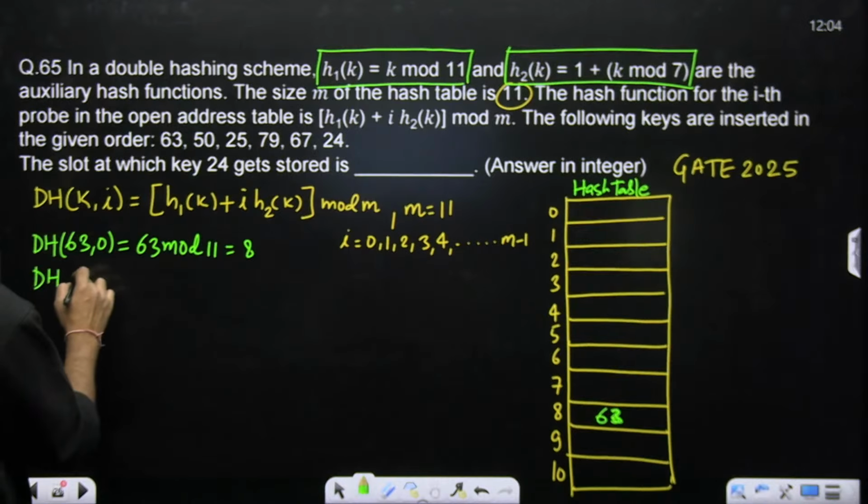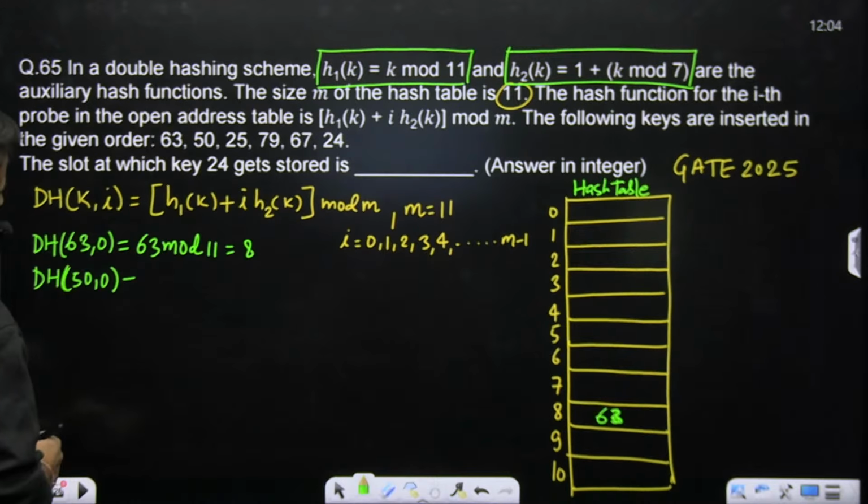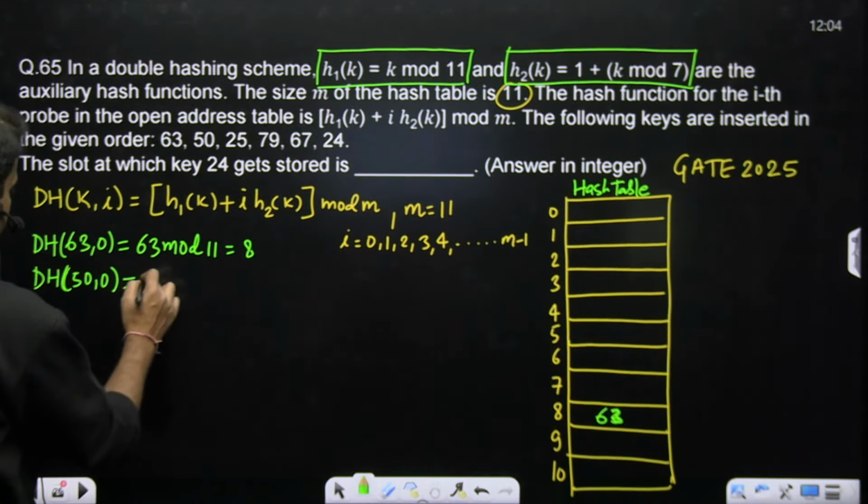डबल हैशिंग एंड दिस इज 50. 50 comma 0, 11 4 जा 44, so it gives sir 6 remainder.